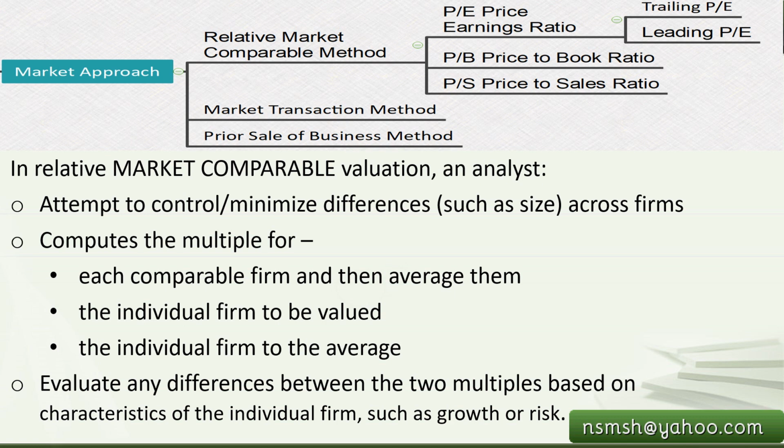He computes the multiple for each comparable firm, averages them, and compares the individual firm to the average. He then evaluates any differences based on characteristics of the individual firm, such as growth or risk.